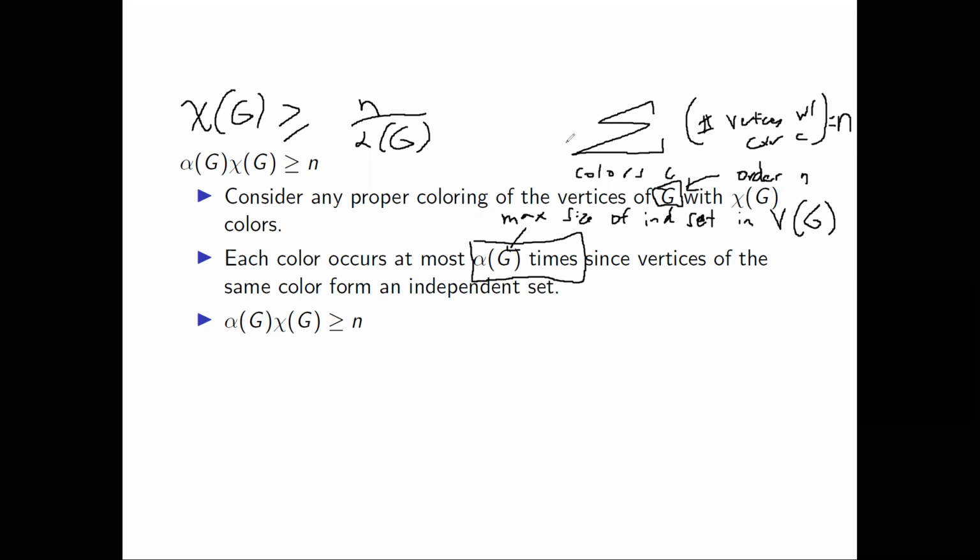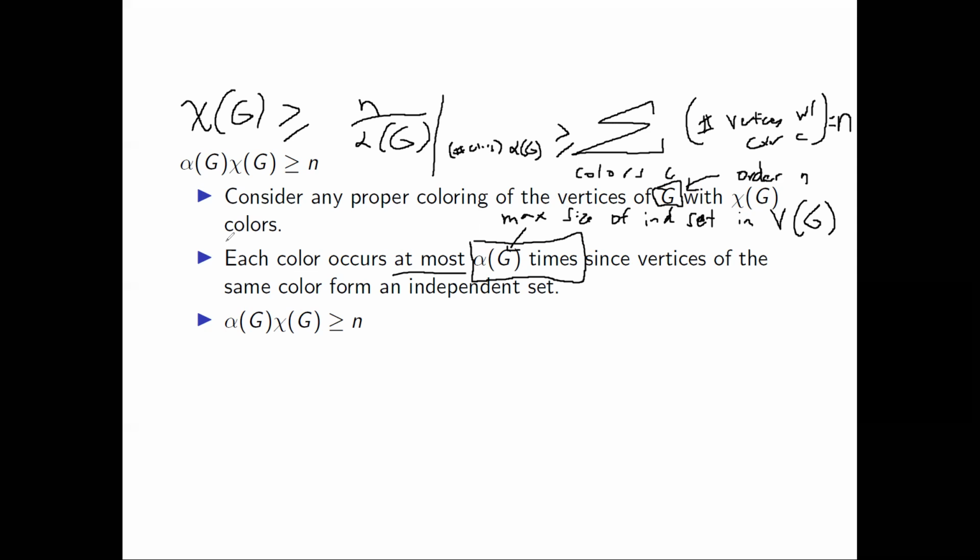And we can say that this sum is going to be less than or equal to the number of colors times the independence number, because each color occurs at most the independence number of times.